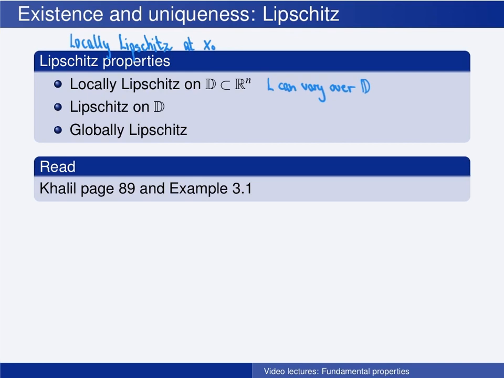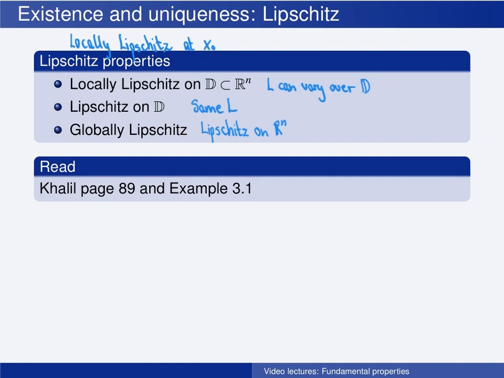So note the difference here. Lipschitz is a stronger property than locally Lipschitz, because the Lipschitz condition must be satisfied with the same Lipschitz constant L at any point in D. And if a function is Lipschitz on the whole state space Rn, then we say that it is globally Lipschitz.